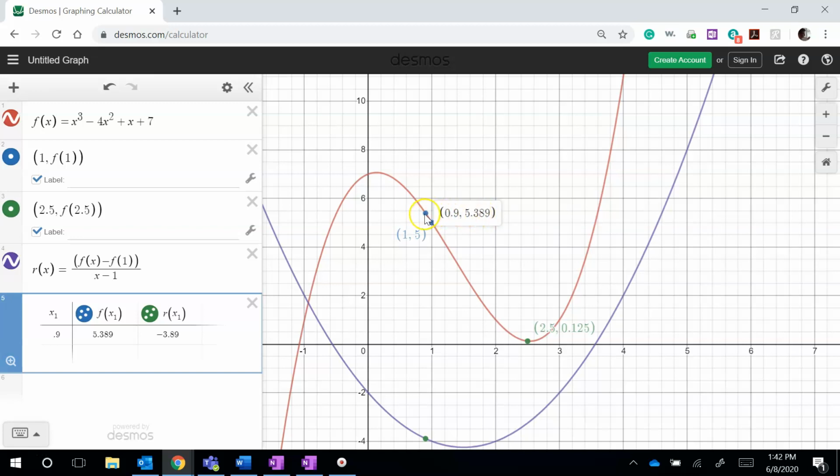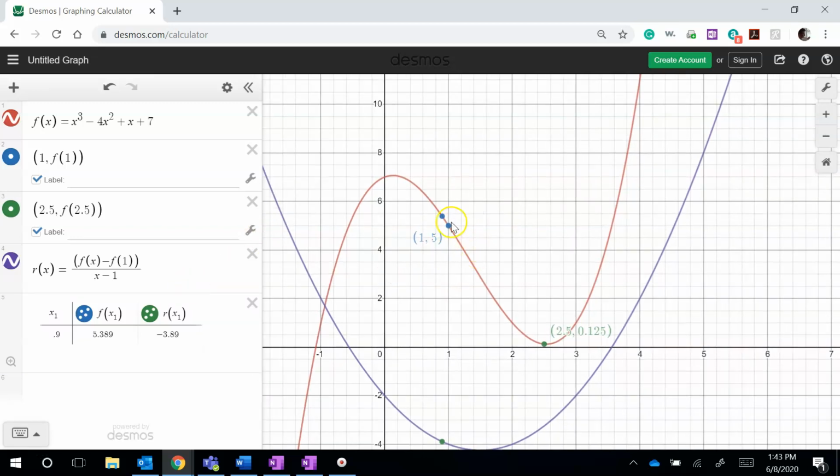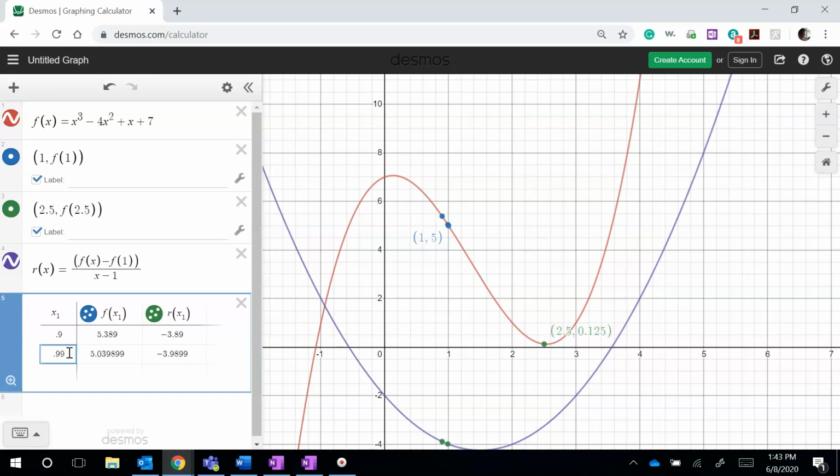The average rate of change between there and there, between 9/10 of a second and 1 second, it went down 0.389 meters in a tenth of a second, which would be an average rate of change of negative 3.89 meters per second. But let's get a little closer. Let's go to 0.99.